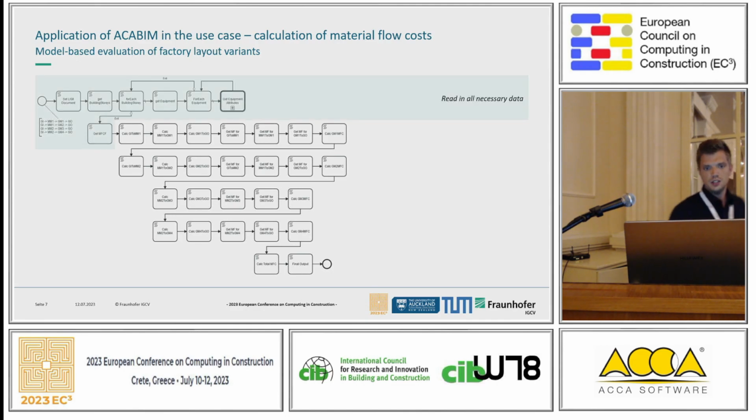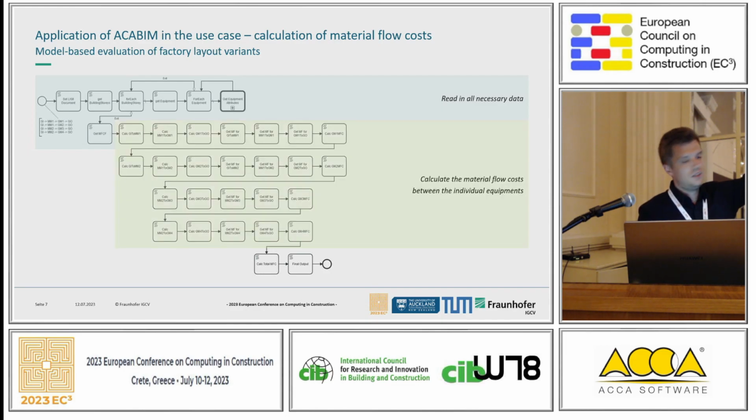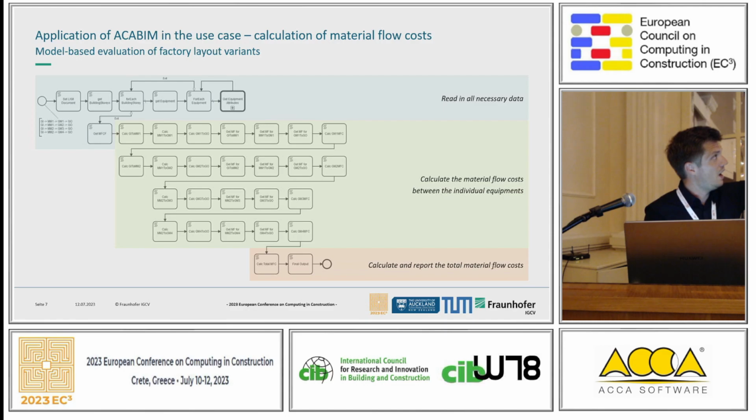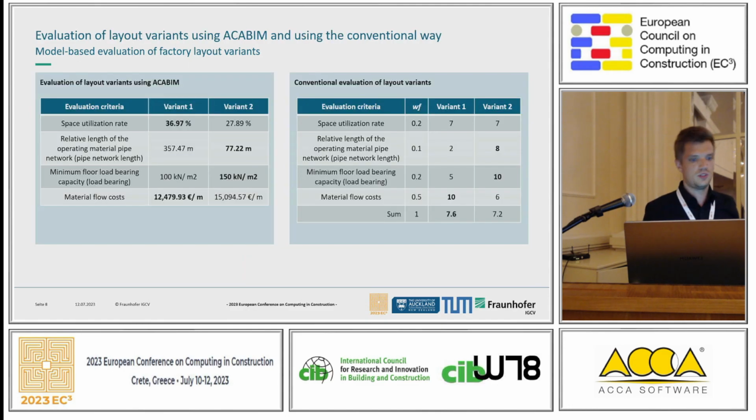You can't read it here, but I can shortly explain it to you. This gray part is to read in all the necessary data. This green part is to calculate all the material flow costs, and the red part is to output our report. And behind every one of these tasks, even if it's just one line of code, there is code behind it. So it's kind of an effort to set it up compared to this traditional or conventional way.